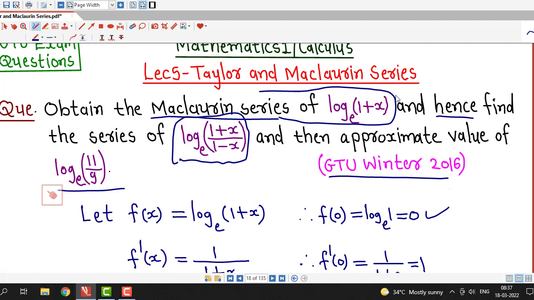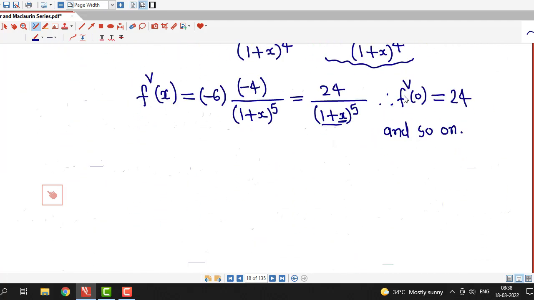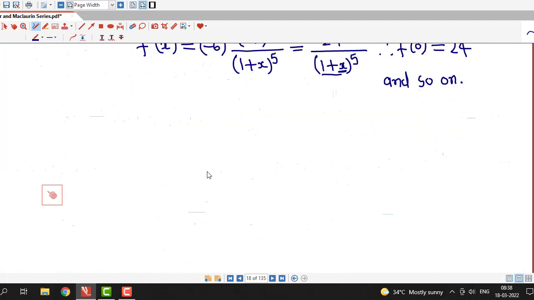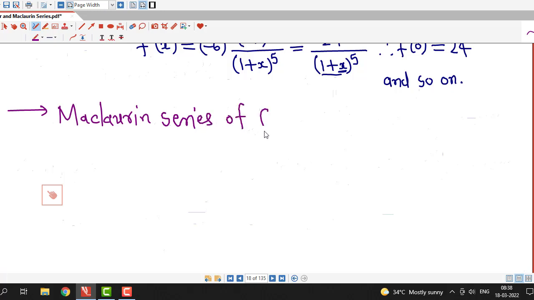So now we write down Maclaurin series for log of 1 plus x. Before that we write down the formula. So now let me choose another color. Now we write that Maclaurin series formula. Maclaurin series of function f(x) is, we have to write down terms up to x raised to 5 because we have obtained the derivatives up to x raised to 5.